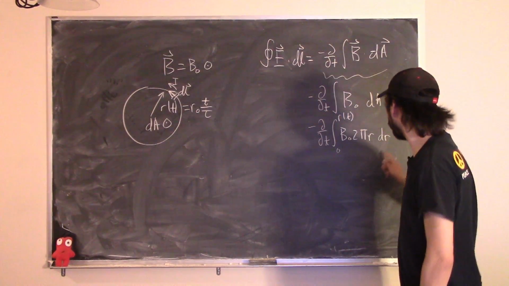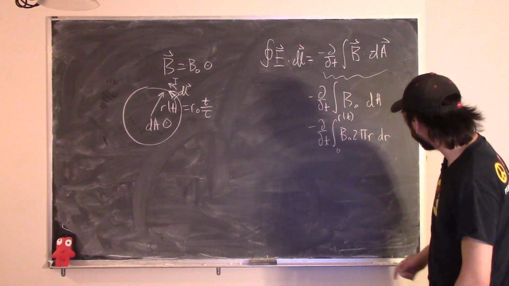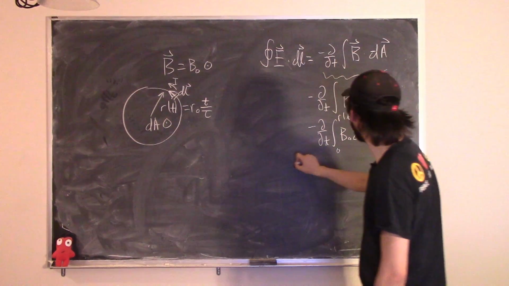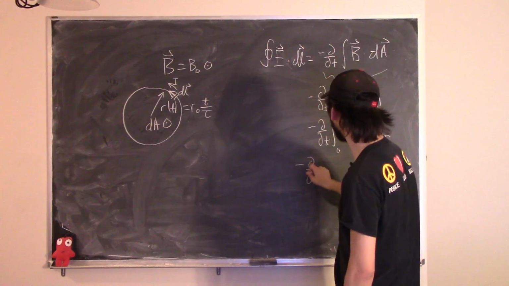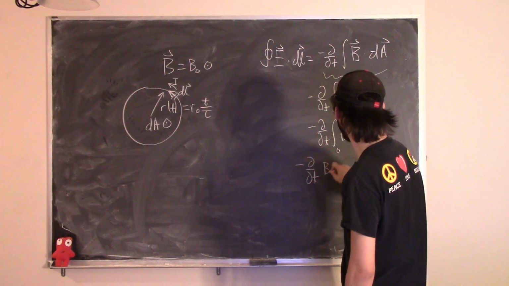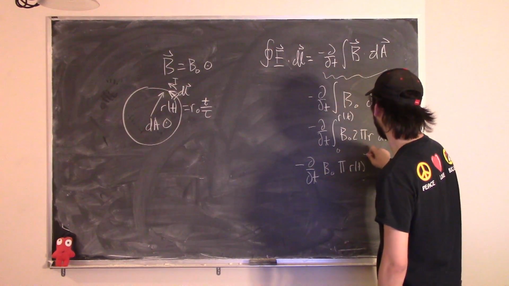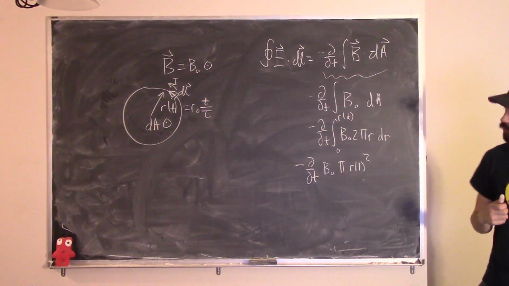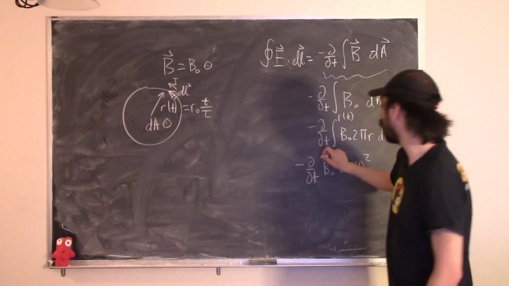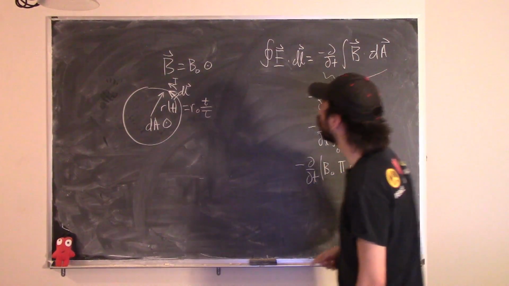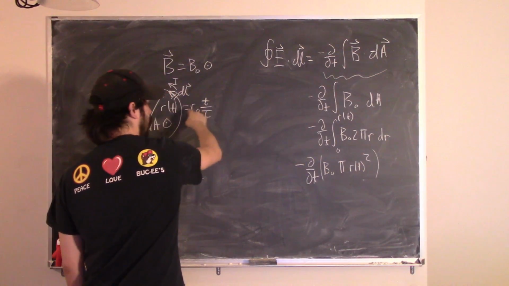This is a pretty straightforward integral. We've done plenty of these before, and so this is the negative partial derivative with respect to time of B0 times pi times r of t squared. Now, in order to evaluate this partial derivative with respect to time, we can plug in what our r of t is.